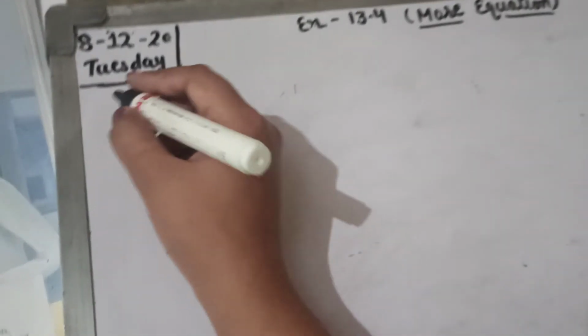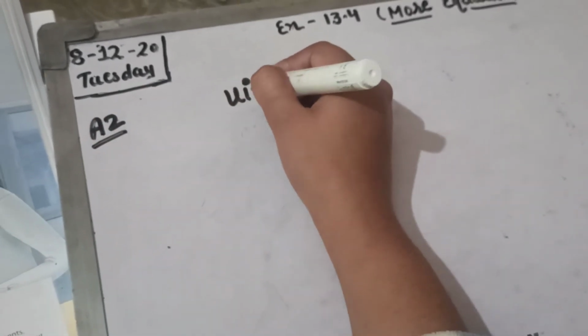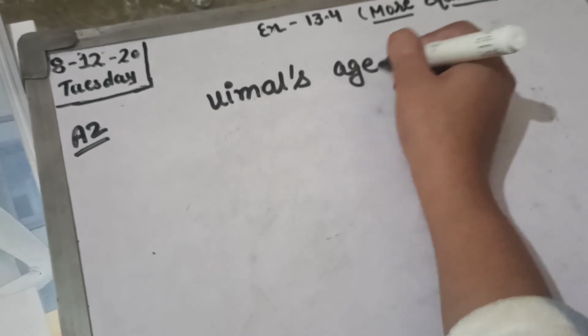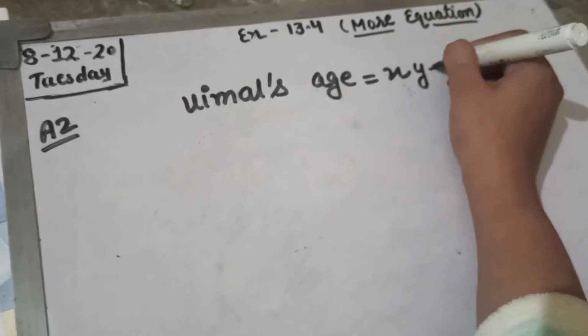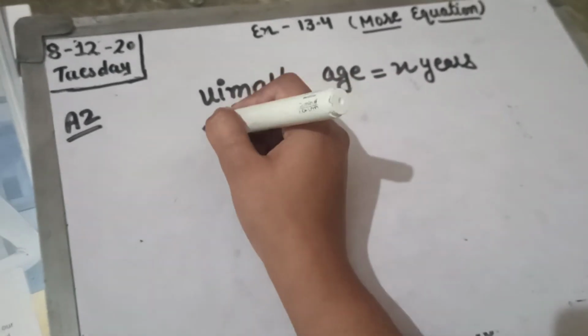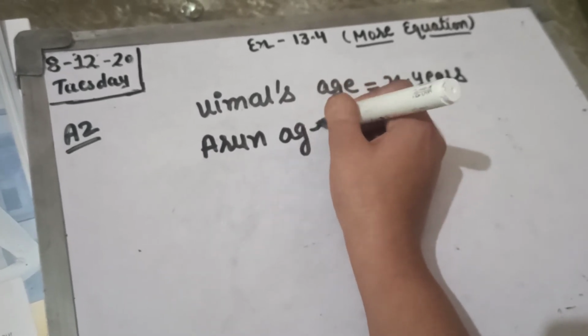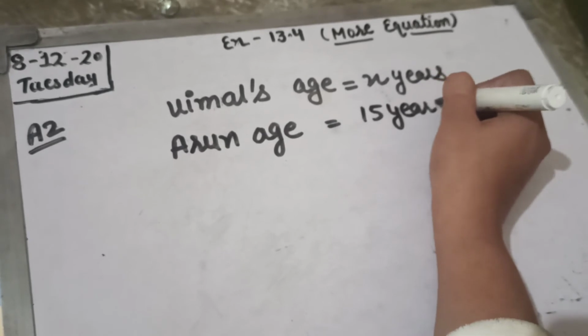Vimal's की एज फाइंड करनी है, सो we will take Vimal's age equals to x, right? X years. Arun's age equals to 15 years, which is given.